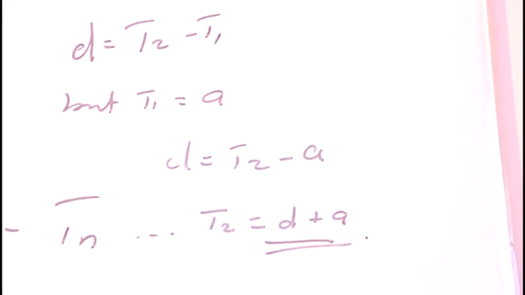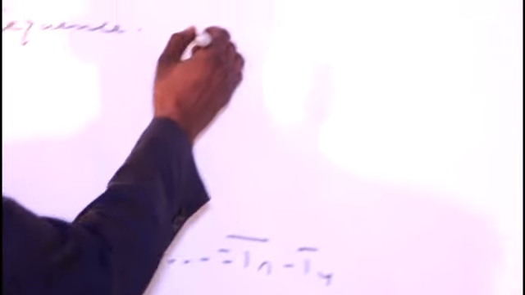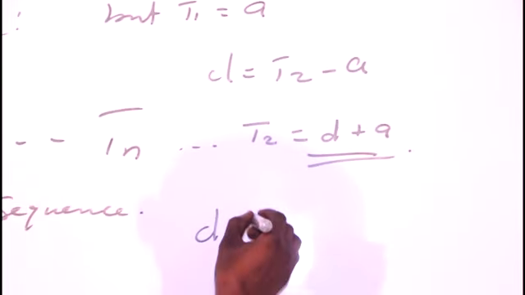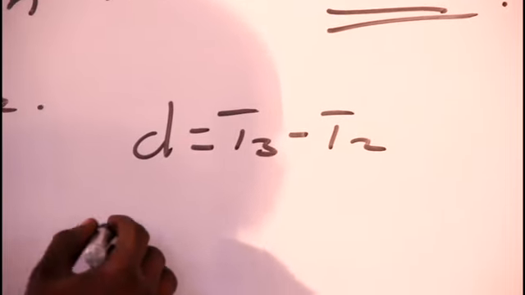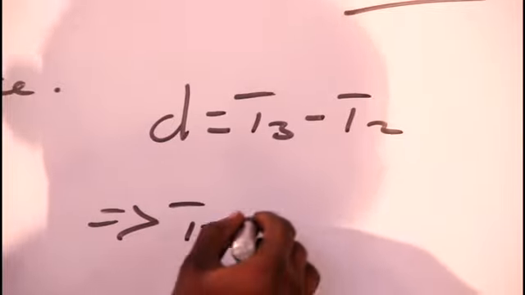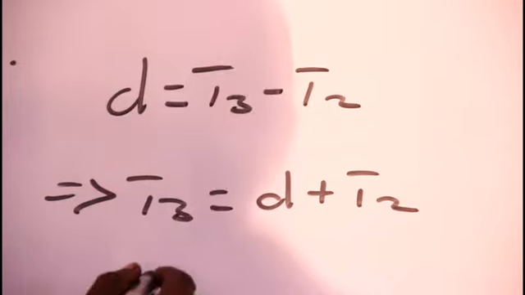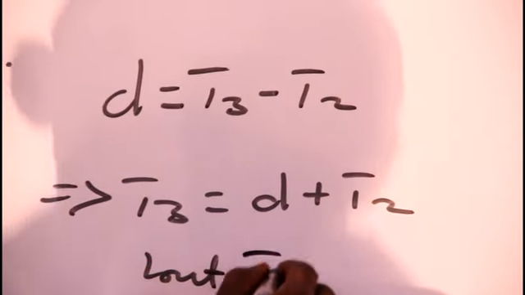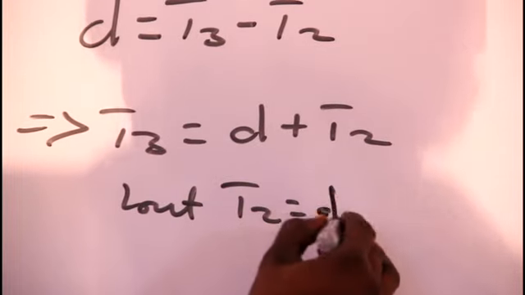Now if I want to find T3, I will equate this d with this. That will be d equal to T3 minus T2. That implies that T3 will be equal to d plus T2. But T2 is equal to d plus a.